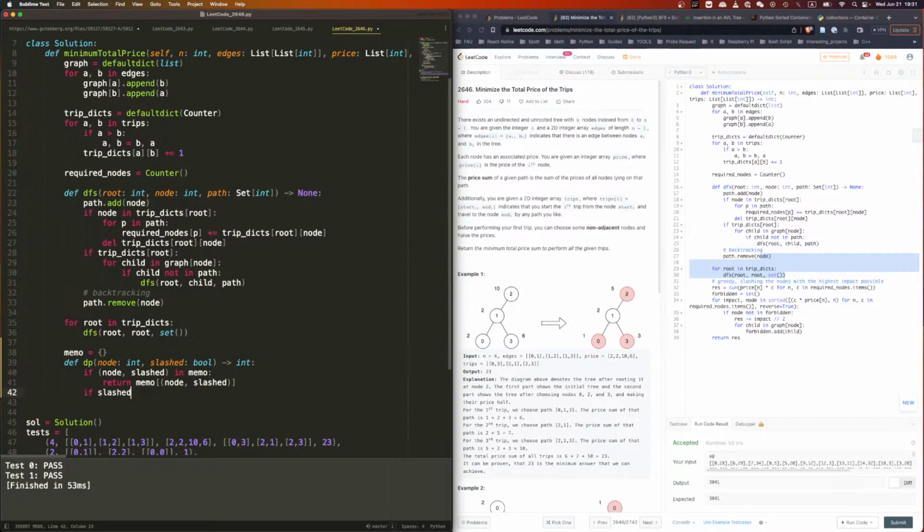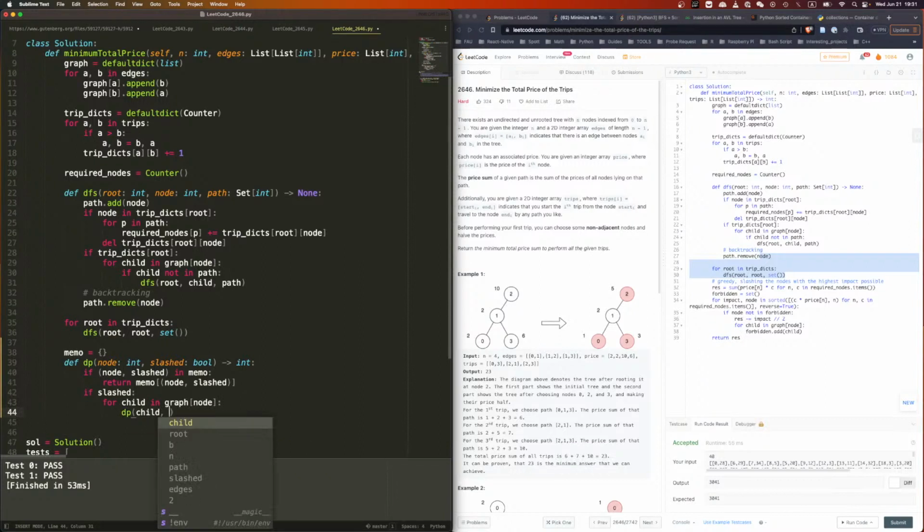If I am slashed, then my children cannot be slashed. Then I say for child in graph[node], dp(child, not slashed), because I am slashed. And this shall give me the minimum on my child. So I need to have res equal to 0, all right?